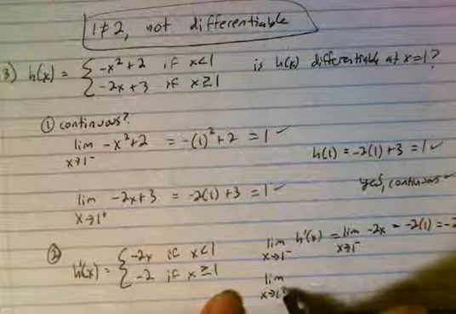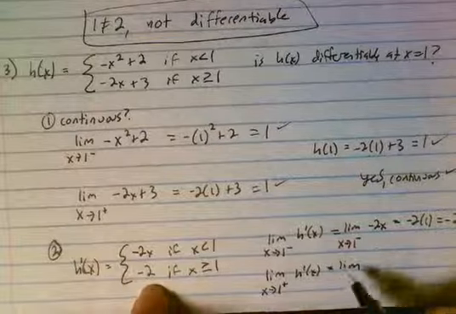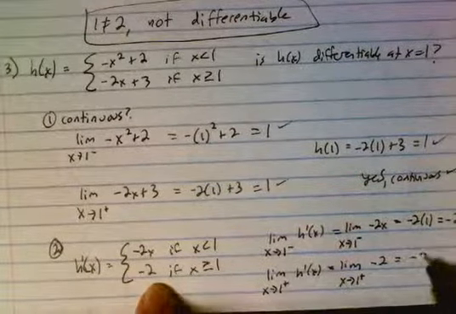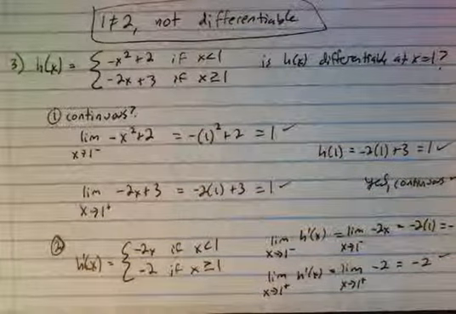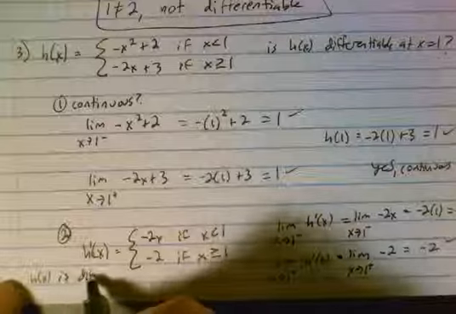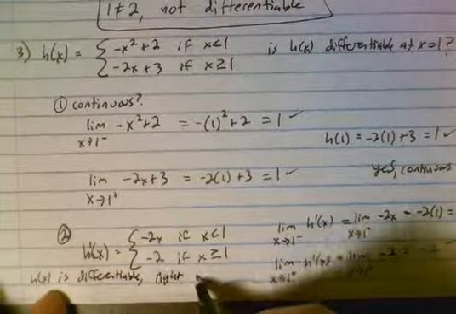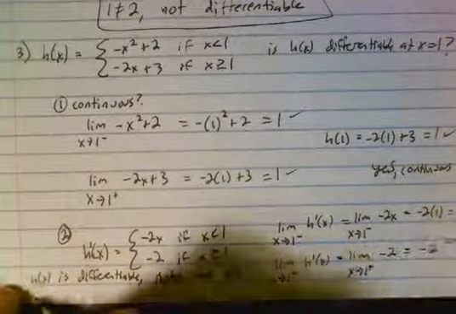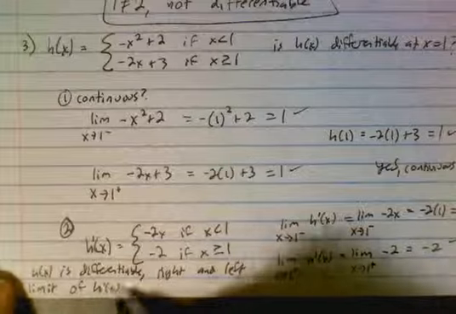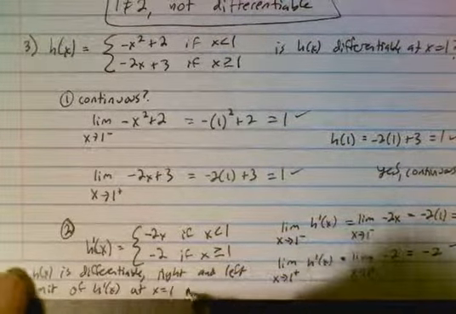And then the limit as x approaches 1 from the right of h prime of x. It's going to be the limit as x approaches 1 from the right of -2. That's just -2. Notice how these two match. So that means that yes, h of x is differentiable, because the right and left limits of h prime of x at x equals 1 are the same.